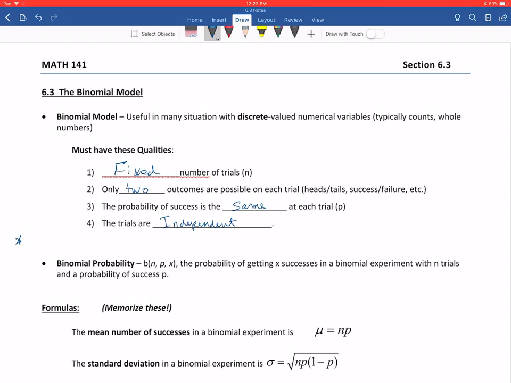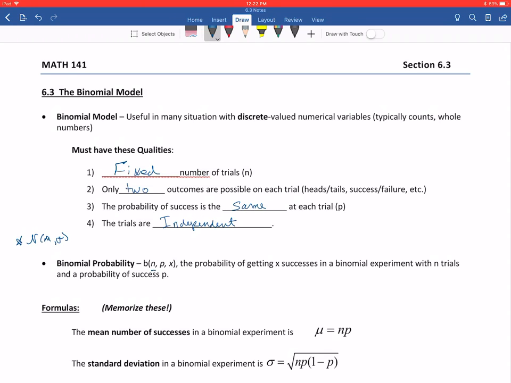The binomial probabilities are given in their own format. As a recall, the normal model looks like N for normal, and then we have the mean and the standard deviation. That's what defines a normal model.